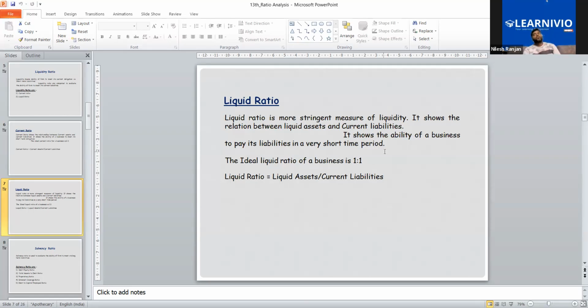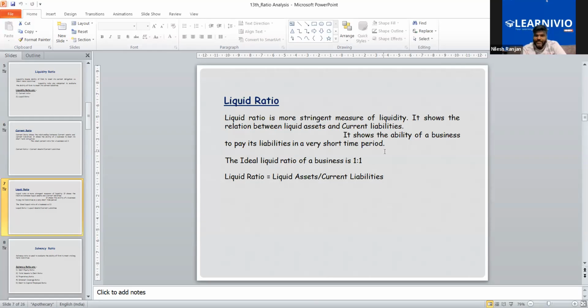So we only include those assets which can be converted into cash within 3 to 4 months, not the whole year. In current assets, we included all the assets which can be converted into cash in 12 months. But here we include only those which can be converted into cash within 3 to 4 months.